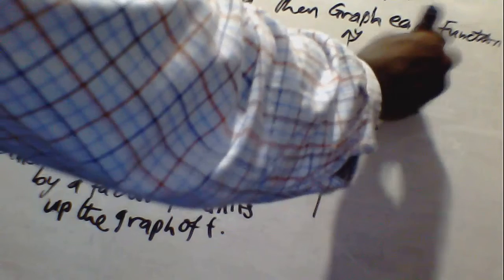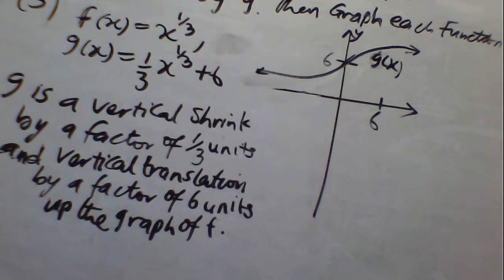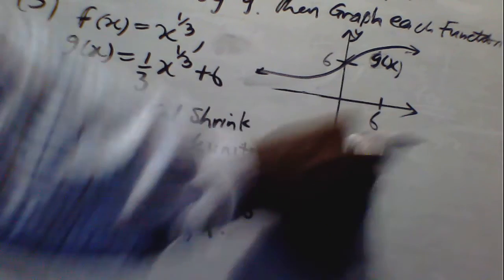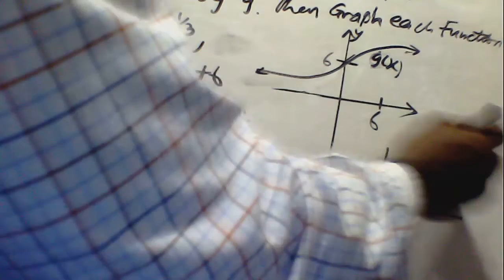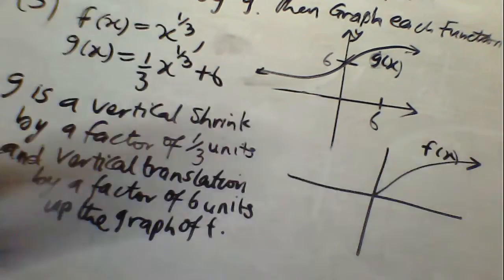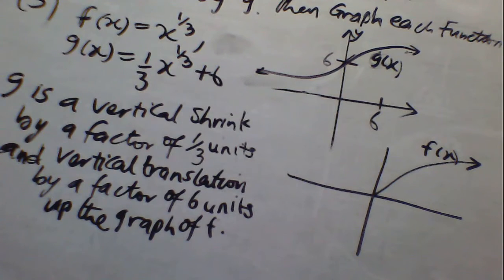This is g of x. If you plot the parent, it will look like this. So this is what is required of you: g is a vertical shrink by a factor of 1/3, vertical translation by 6 units up the graph of f. This is g of x, this is f of x.